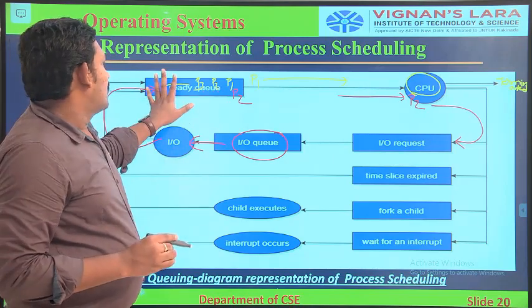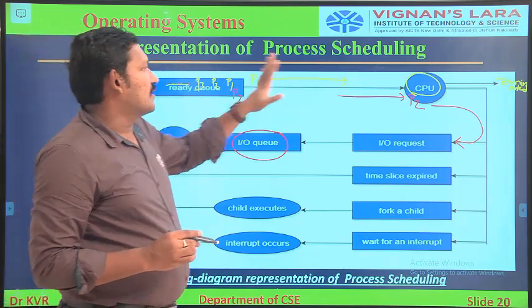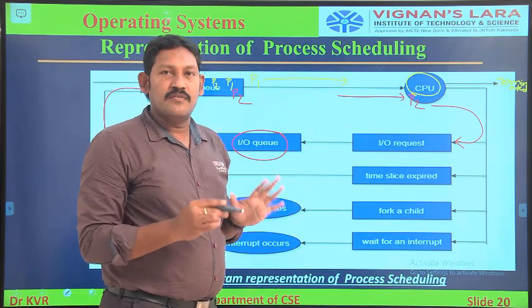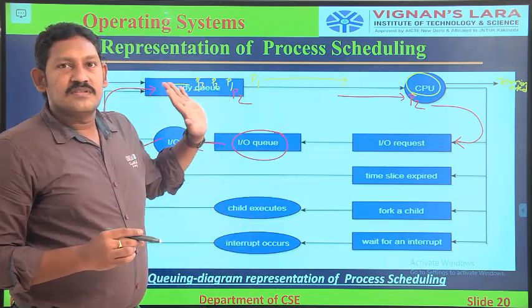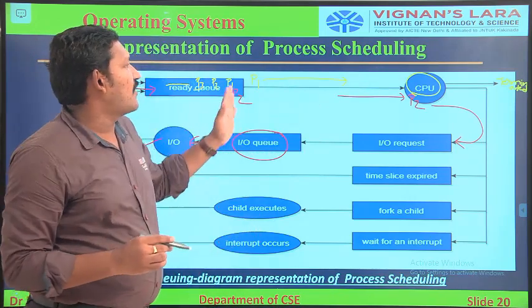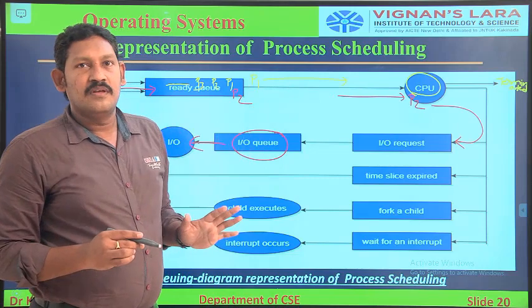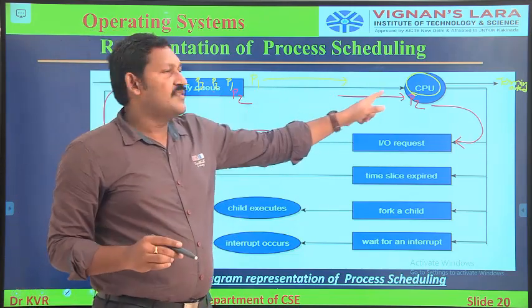First, whatever processes are available in the ready queue, all those processes will be executed by the CPU one by one. Let us suppose the CPU started executing process P1. Let us assume that it has executed successfully, so we have terminated process P1. Next, the second process P2 is given to the CPU.